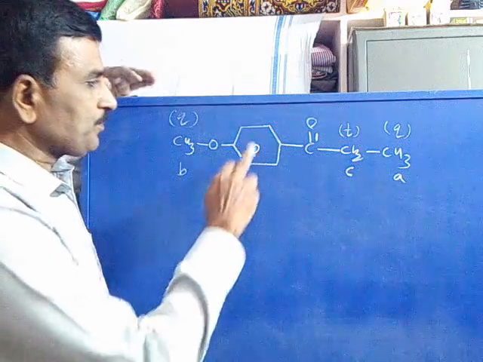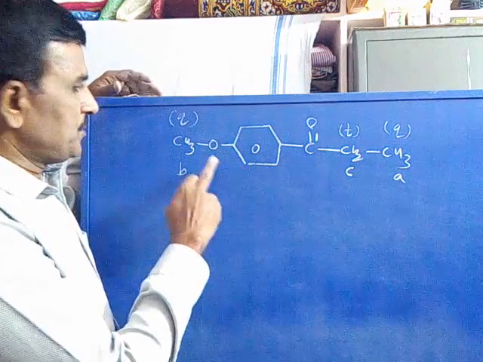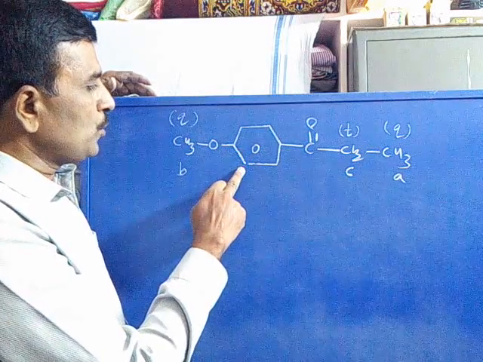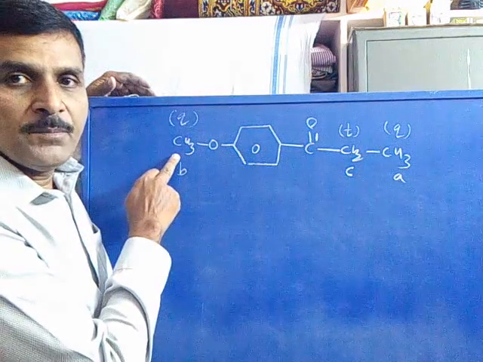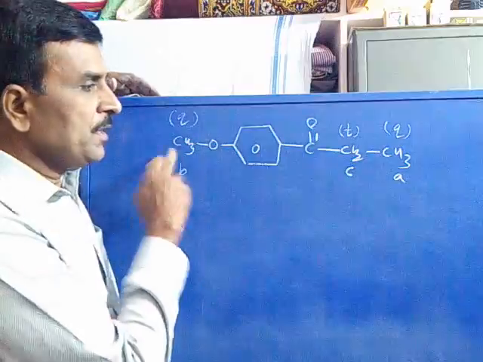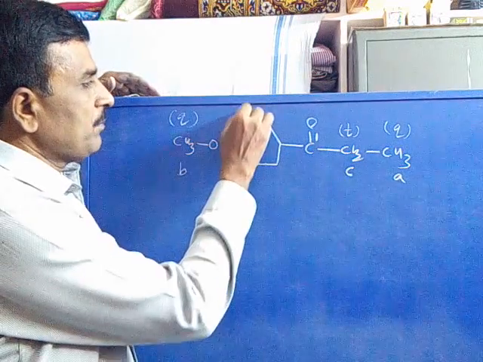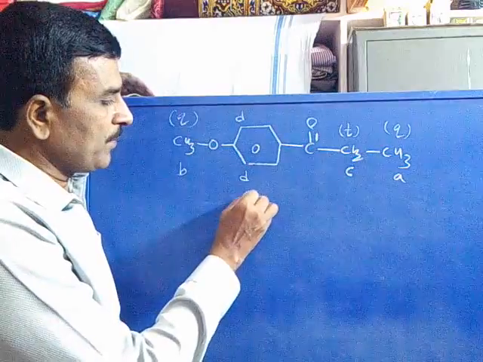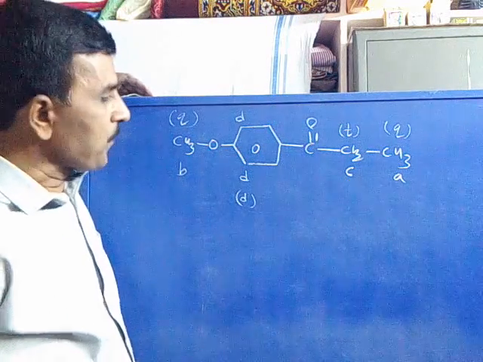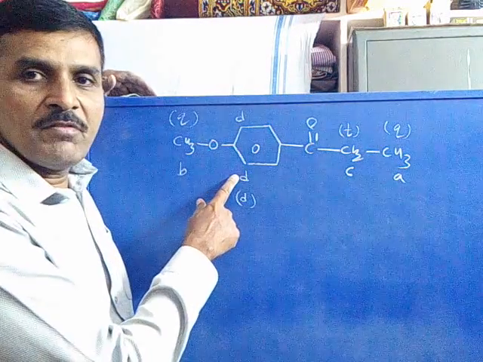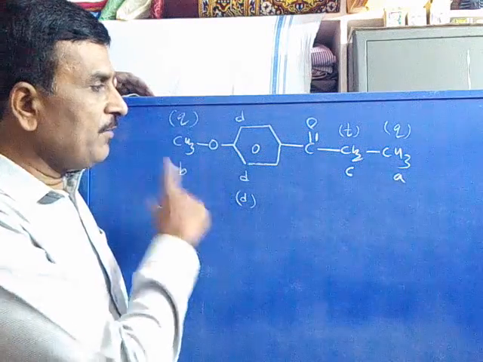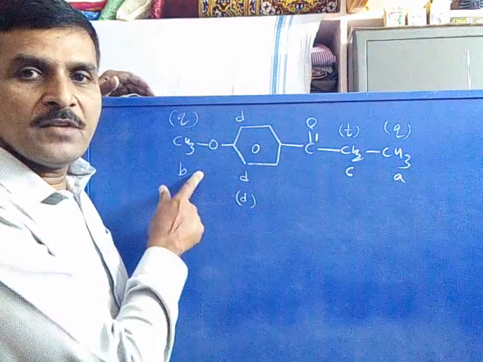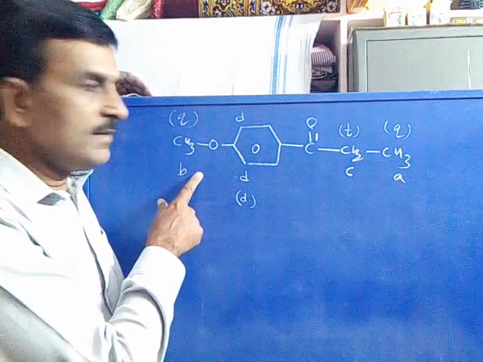Now these two carbons, the two ortho carbons with respect to methoxy. Methoxy is an electron releasing group, therefore upfield. D carbon is a CH carbon, therefore its multiplicity is a doublet. Two ortho carbons are equivalent and upfield when compared with meta, because these two are ortho with respect to the methoxy group, where methoxy is electron releasing.